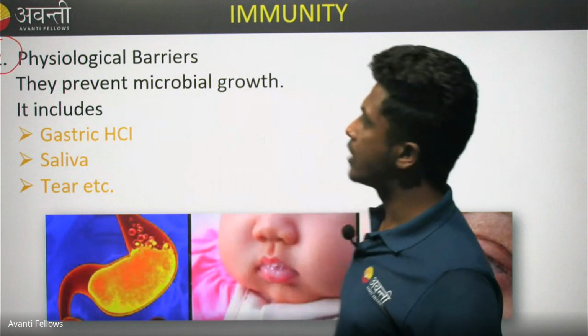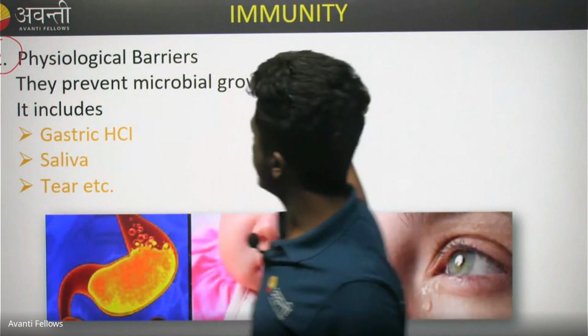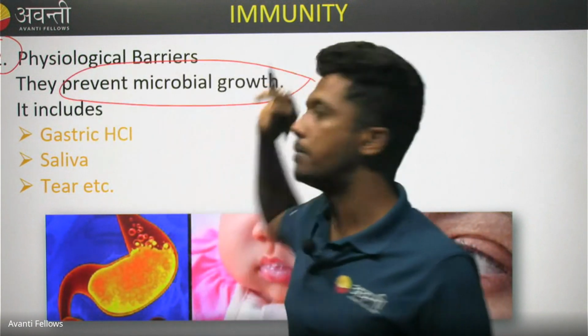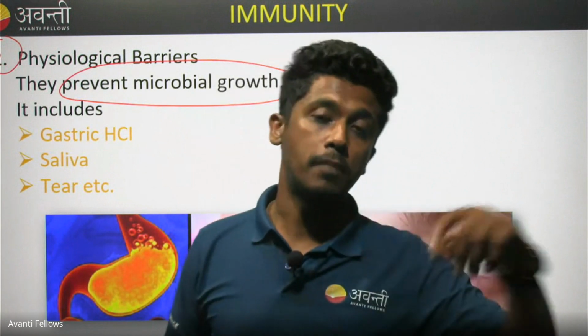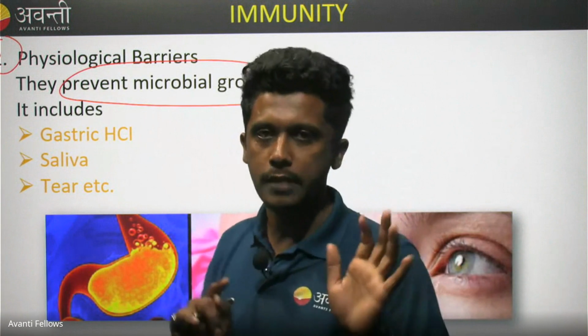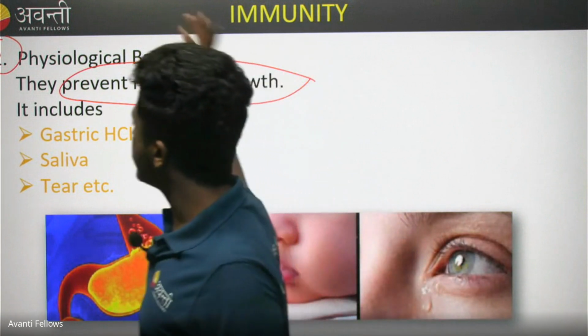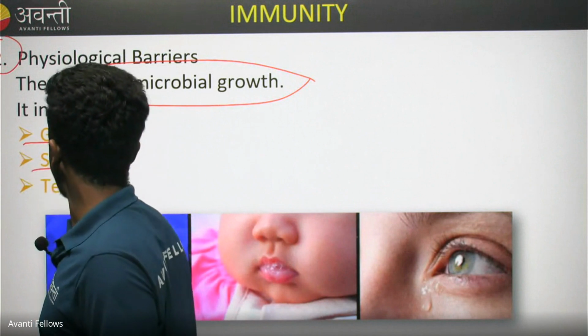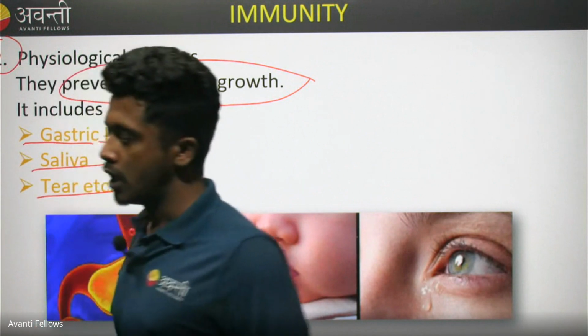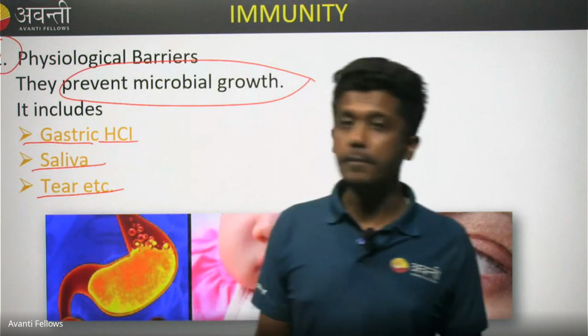Physiological barriers also do the same job of preventing microbial growth without targeting a specific microbe. It's very non-specific; that's what I mean to say. In physiological barriers, we have examples such as gastric HCl, saliva, and tears. So this might be very familiar.